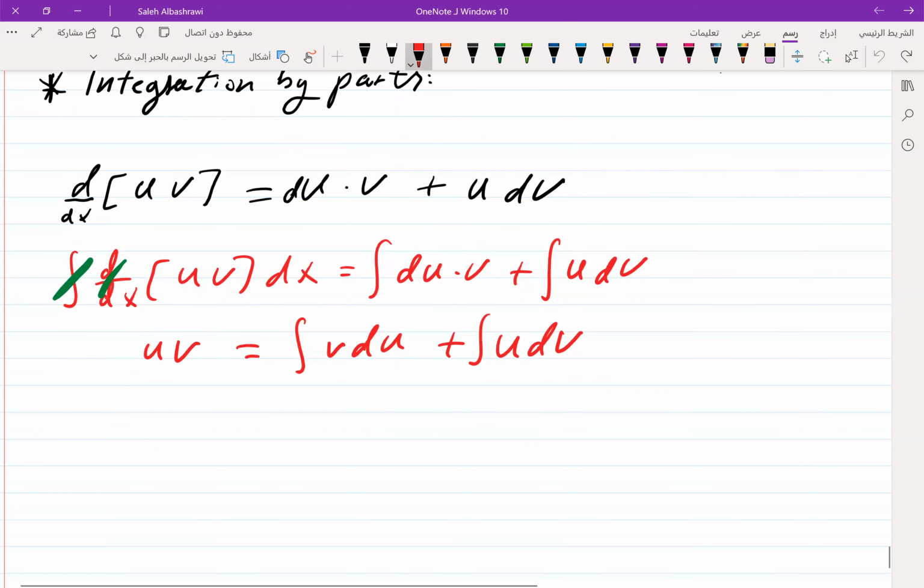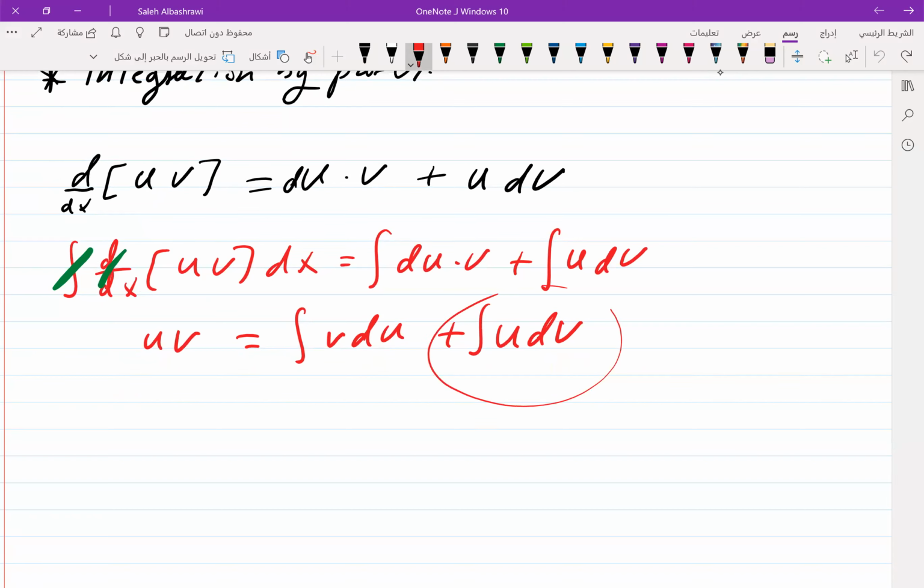Now, if we want to find this integration, the integration of u dv is equal to, moving it to the other side, uv minus integration of v du.